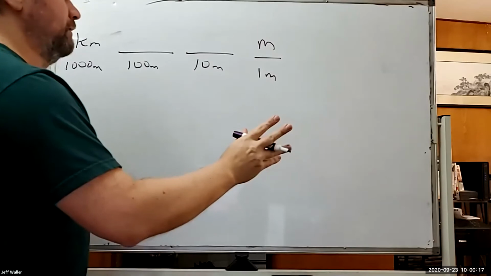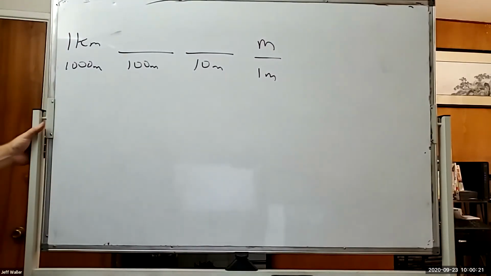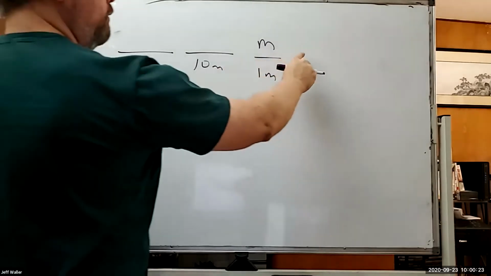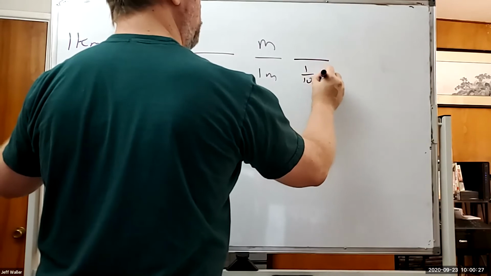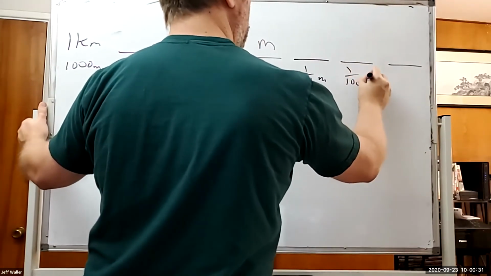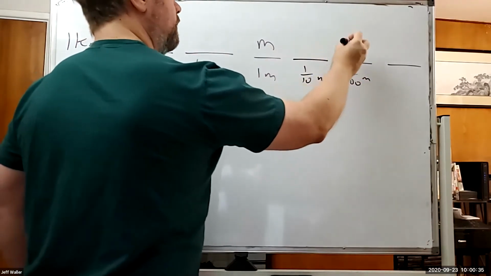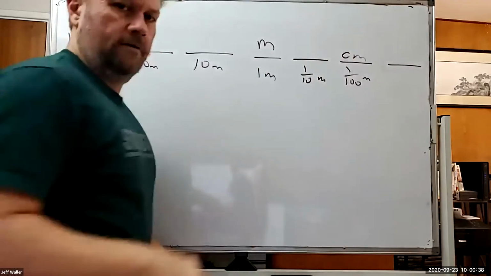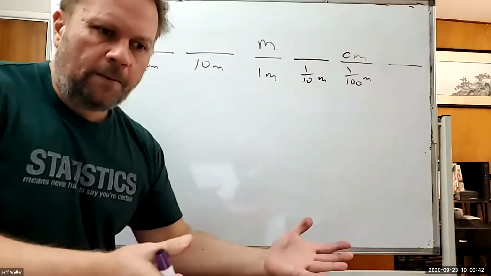Somebody with me, what's happening up here? And then there's something here that means 1/10 of a meter. And these two, you know. What means 100th of a meter? What does it take 100 of to make a meter? Centimeter. Yeah. Which makes sense because cent is from the Roman centum, which means 100.